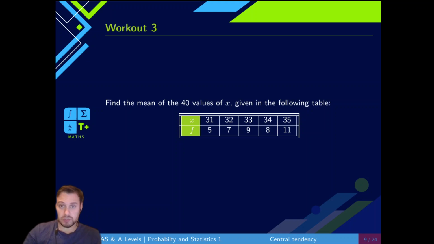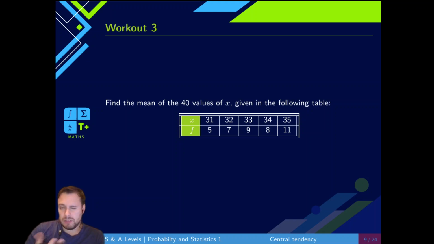Next, we're going to see another thing that I mentioned, and I believe that it's important for us to have clearly. That is, how can we do this when we're working with data that is given in a frequency table?